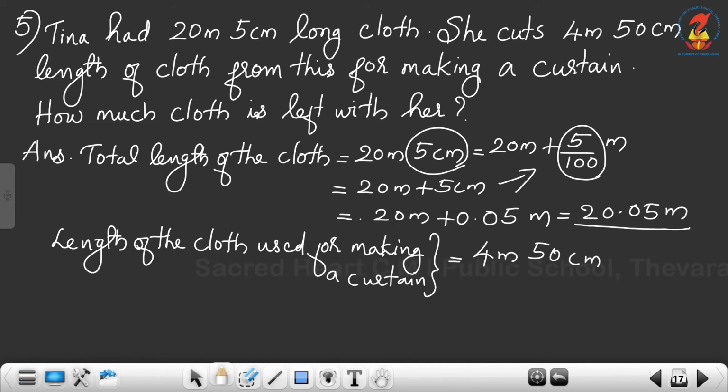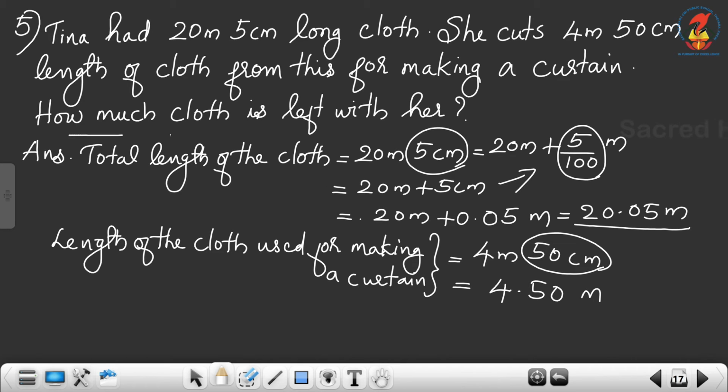We have to express it in decimal form. 4 meter 50 centimeter means 4 meter plus 50 centimeter. So this 50 centimeter we have to convert into meter. When we convert it, what will we get? We can write down the answer directly: 4.50 meters. Therefore, the length of the cloth used for making the curtain is 4.50 meters.